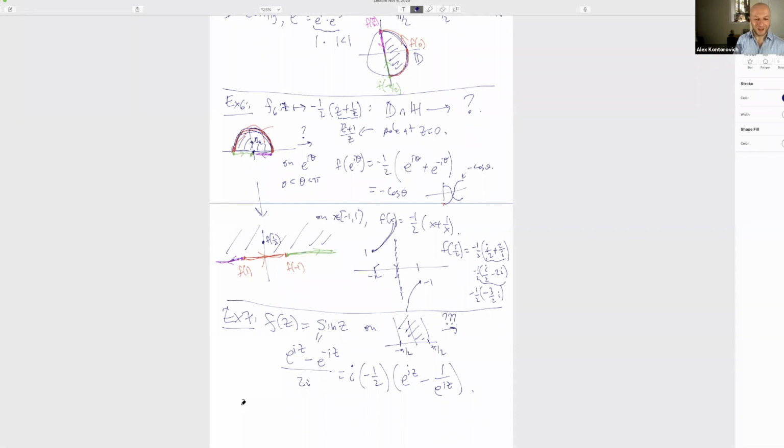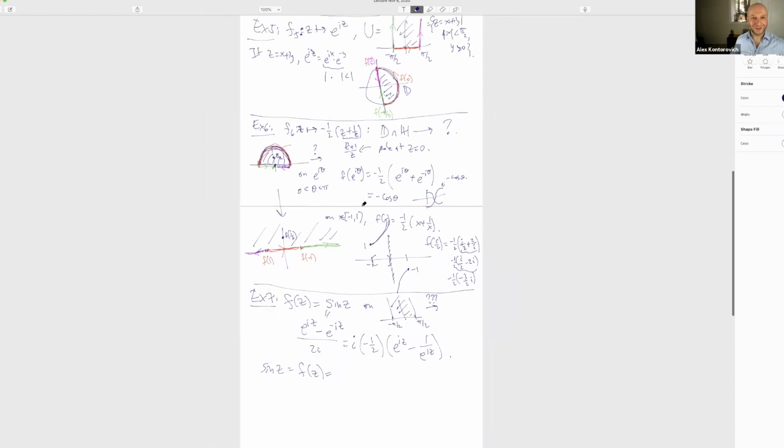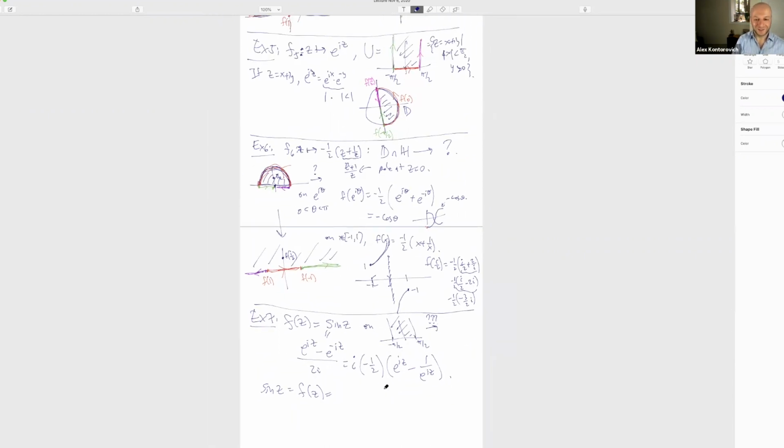So in fact, sine as a function f, if you start with z and replace z by e to the iz, that is the map f5. f5 takes z to e to the iz on the same domain.